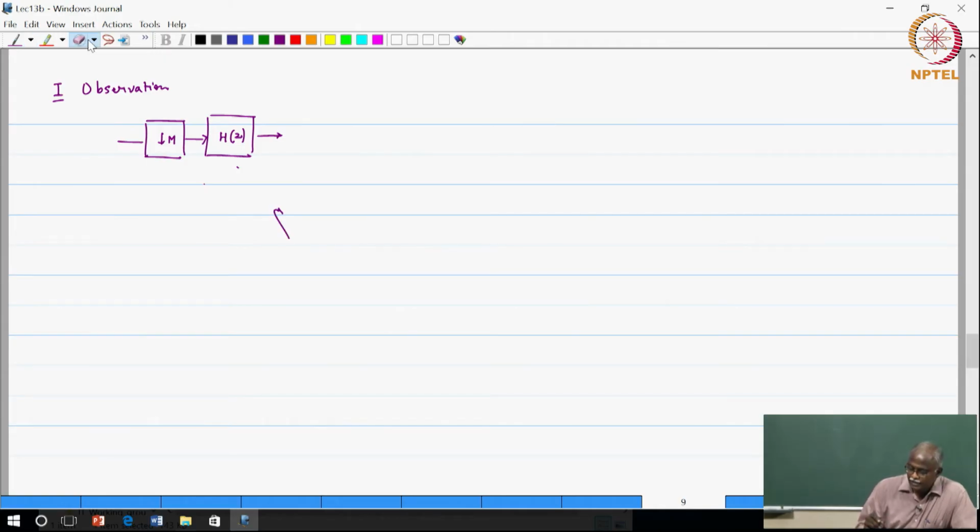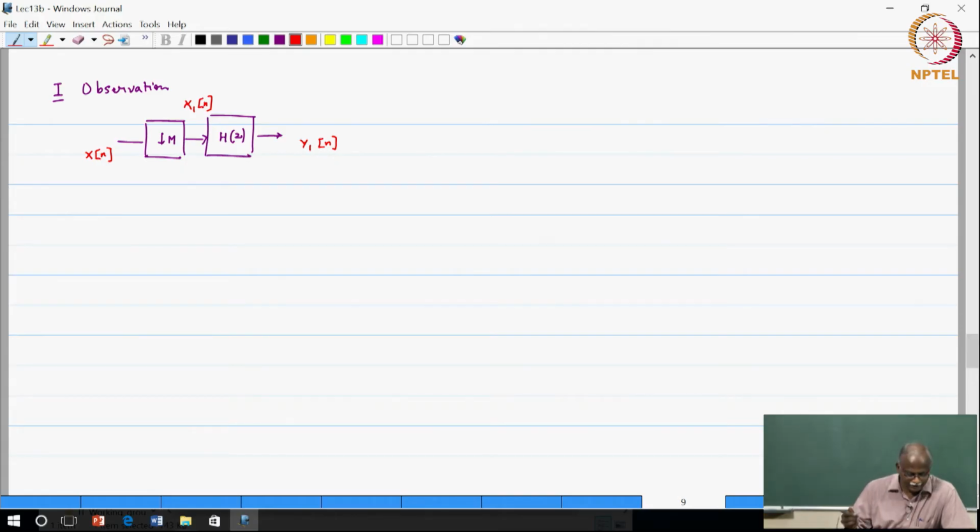So this is a very important step, and you will see in a moment why it is so. So if my input is x of n and my output is y1 of n and the intermediate signal is x1 of n, can you please help me write the expression for y1 in terms of x of n?